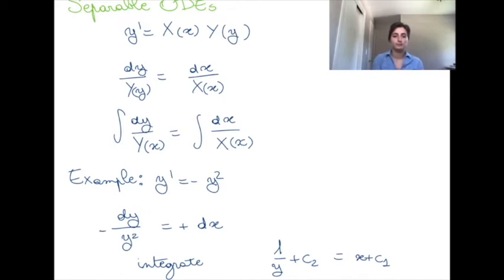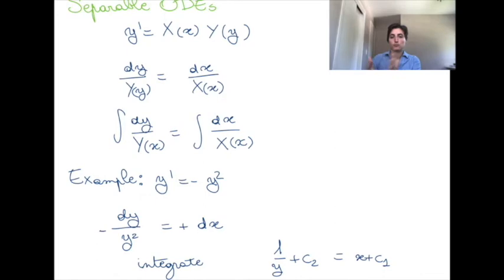Let's look at an example for this case. You have y prime equals minus y squared. In this case, what is the function depending on x? It's just a constant. So you take all that depends on y on one side of the equation, giving you minus dy over y squared, and everything that depends on x on the other side of the equation.